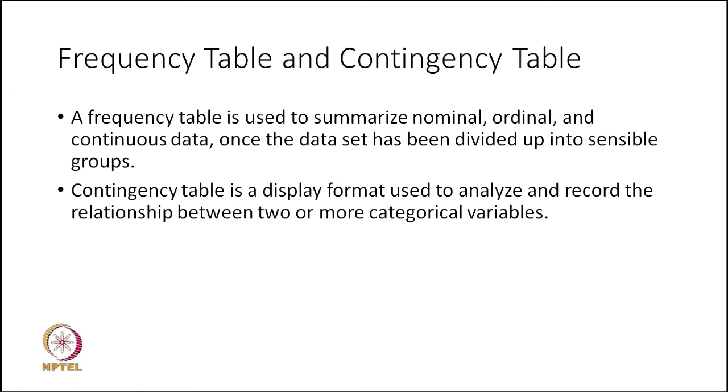The way I said the marks of the students can be classified into many intervals, then you make an x versus y axis graph with how many students got marks in that particular interval. So, there are many different ways of graphical representation of data. The important ones are the frequency table and contingency table. Let me explain some of the things through a proper example. One minute.